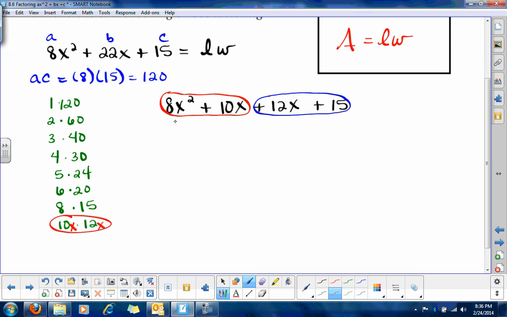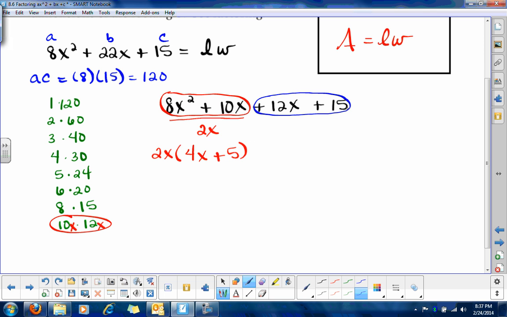So here we've got 8x squared plus 10x. We can factor out 2x. So the 2x goes on the outside, and what's left on the inside? Well, 8 divided by 2 is 4, and x squared divided by x is x, and then 10 divided by 2 is 5, and then the x's cancel.